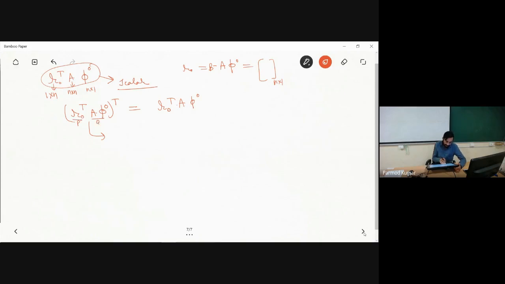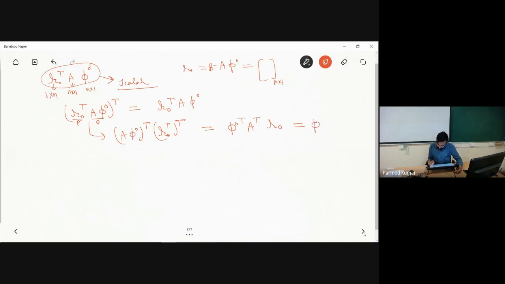If these are P and Q, how can I expand this scalar? I can write A phi naught transpose into r naught transpose, it's further transpose. Similarly, this A and phi naught I can further write as phi naught transpose into A transpose, and this transpose and transpose will result in simply r naught, and this A transpose is nothing but equal to A because A is a symmetric matrix.